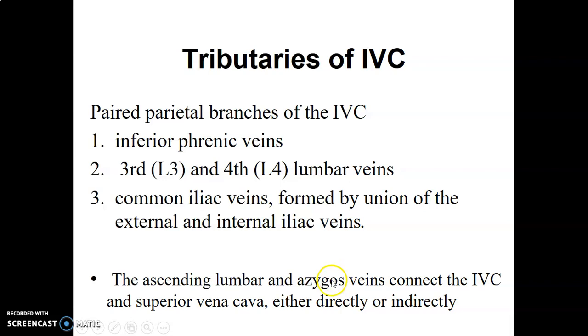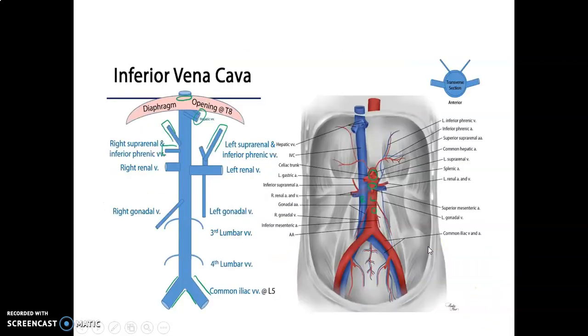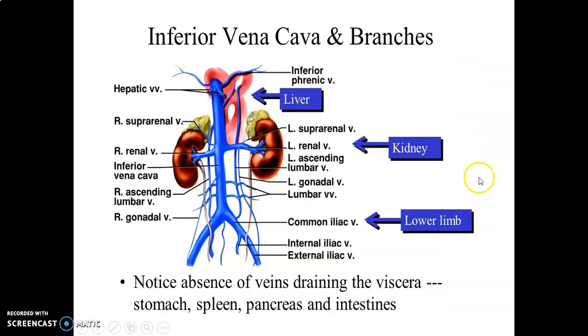So this we have already talked about. Just pause your video here and look at the veins and the tributaries of the inferior vena cava. Notice the absence of veins draining the viscera: the stomach, spleen, pancreas, and intestines.